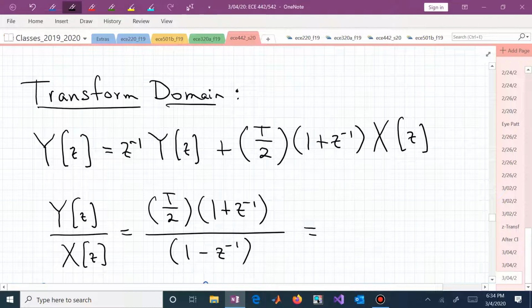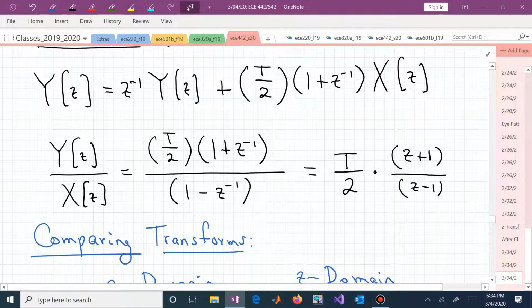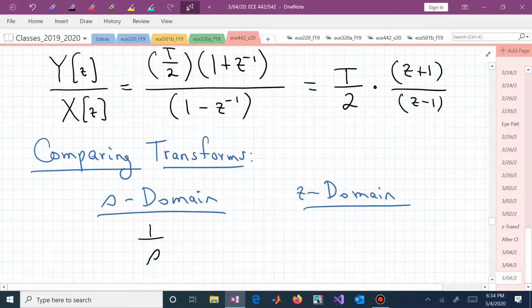Or, written in terms of positive powers of z, multiplying by z over z, we end up with capital T over 2. That can be out front, it can be upstairs, it's the same. Upstairs we have z plus 1 over z minus 1. Little different, but consistent with what we've done. Now how do we go in the comparison of the transforms?